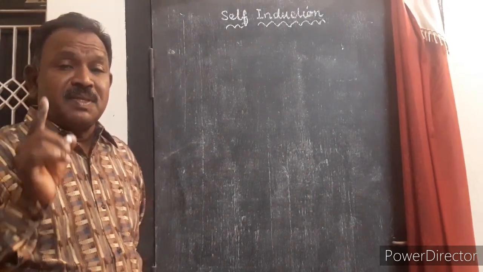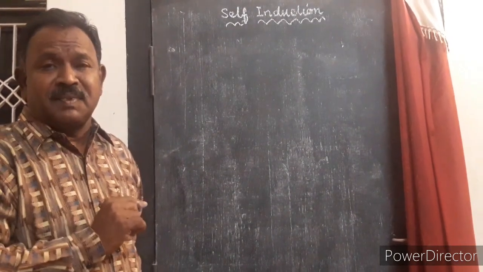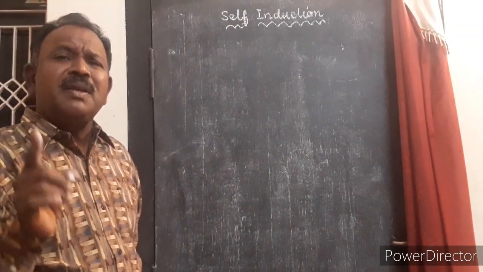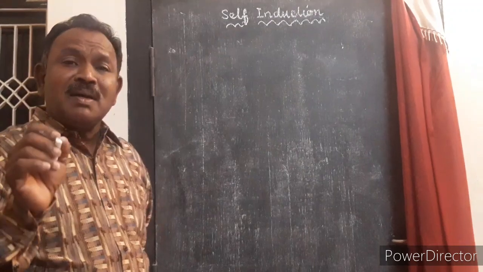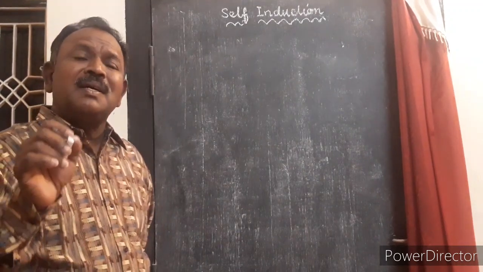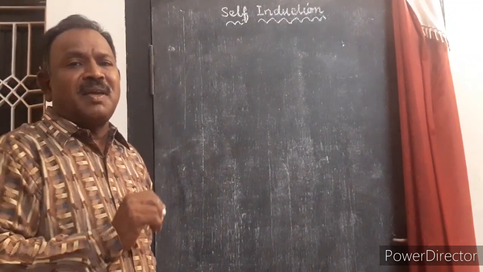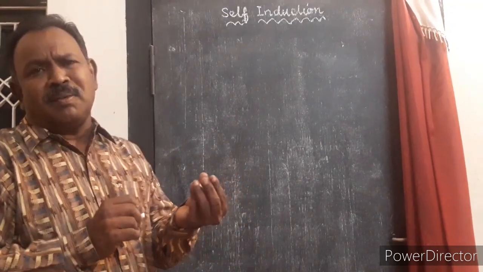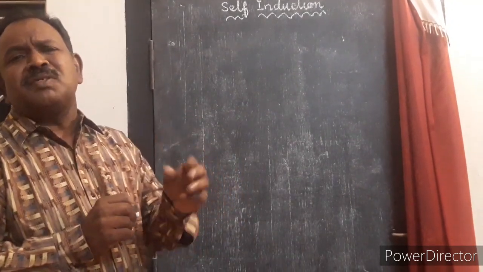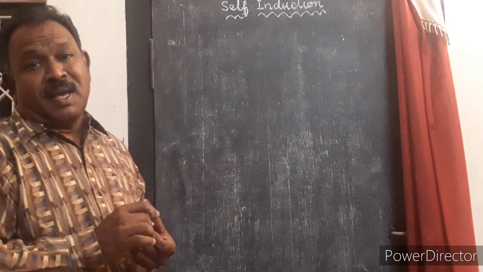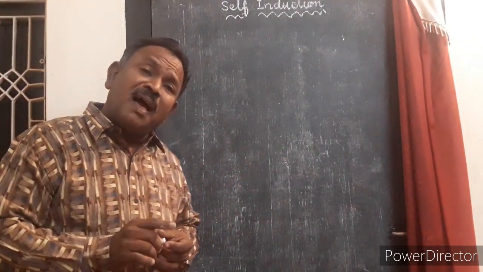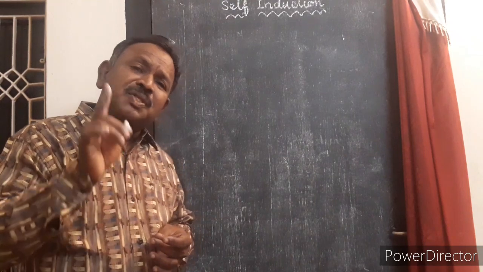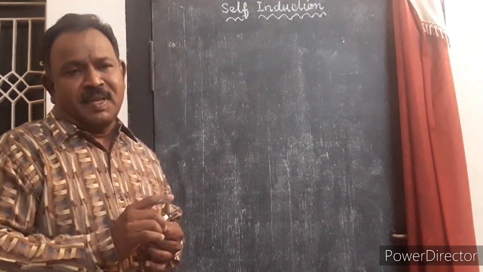This is as per Newton's first law. Inertia of a body is directly proportional to the mass. So mass determines the value of inertia. If the mass of a body is small, the inertia is also small. If the mass of a body is large, then the body will have large inertia.